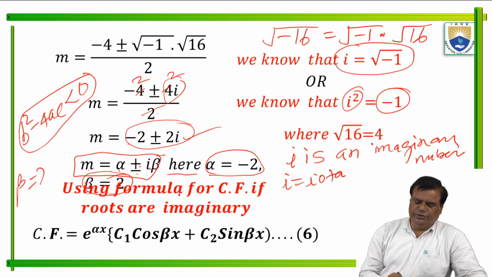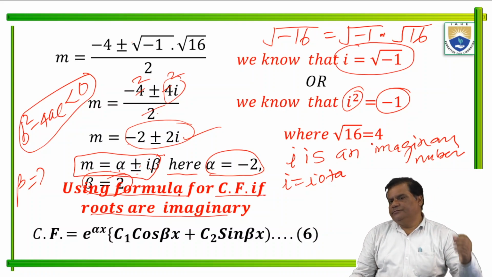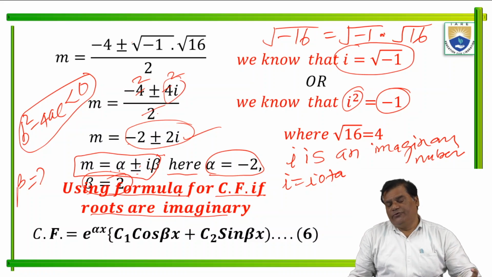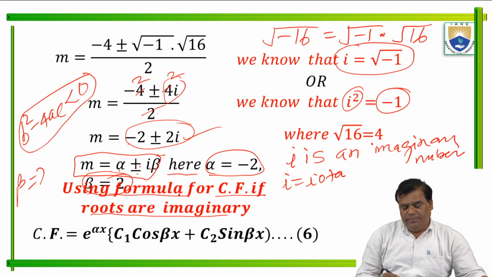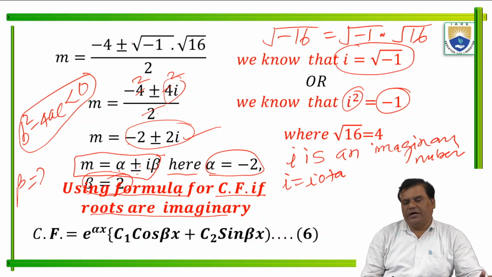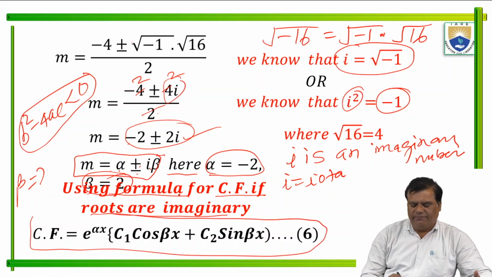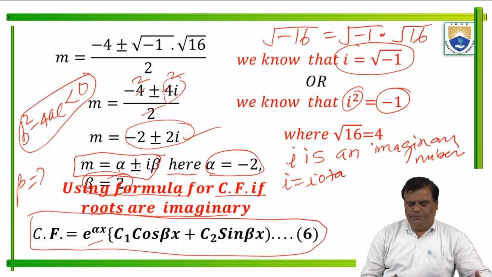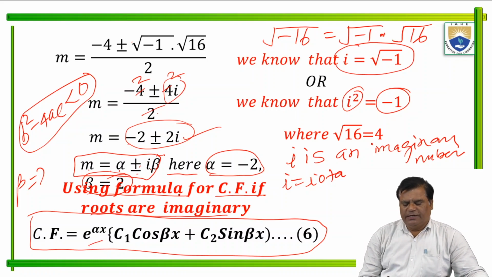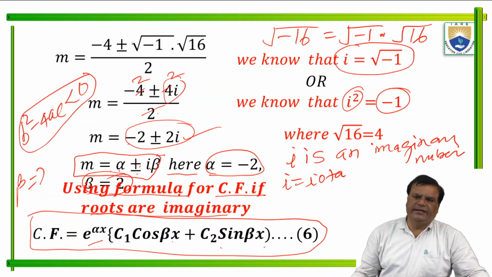Now, which formula do we use for CF if the roots are imaginary? This is the basic general formula to find CF if roots are imaginary. CF is equal to e to the power alpha x, c1 cos beta x plus c2 sin beta x.